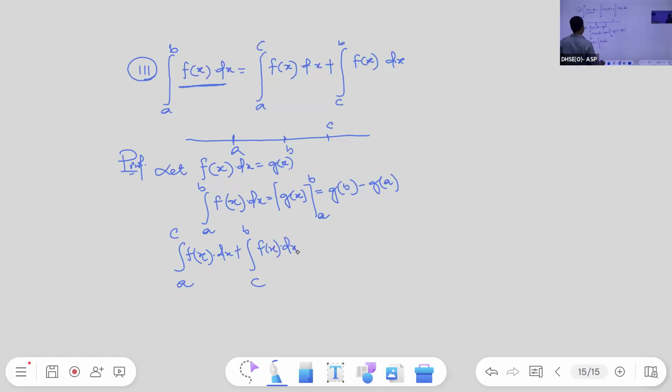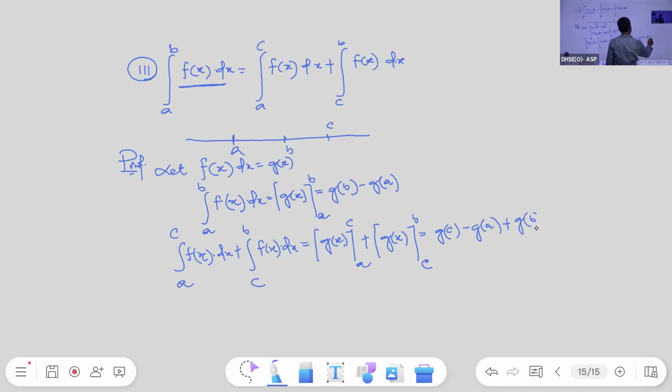This is equal to G of x from A to C plus G of x from C to B. This is equal to G of C minus G of A plus G of B minus G of C. G of C and minus G of C cancel.